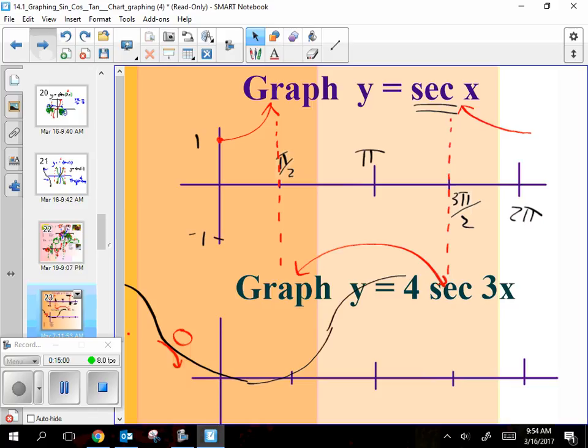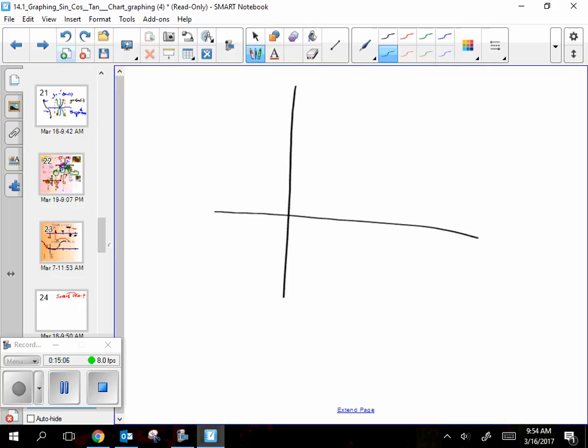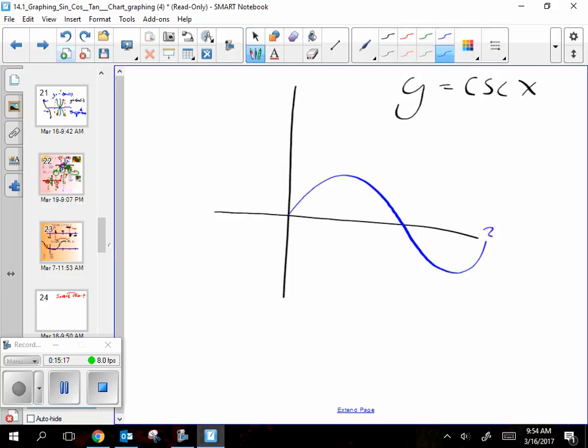All right. So how about cosecant? Cosecant is the flip of its sister function sine. So if I want to graph cosecant of x, it's the flip of sine. So here's my sine graph with, this is 2 pi, this is pi, this is pi over 2, and this is 3 pi over 2.